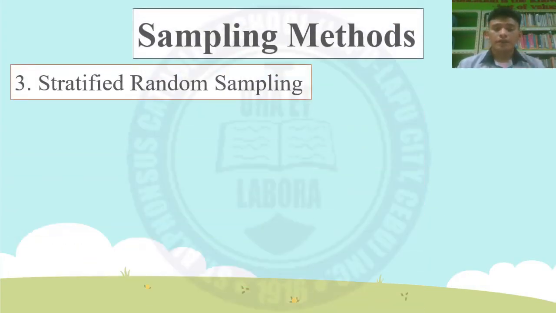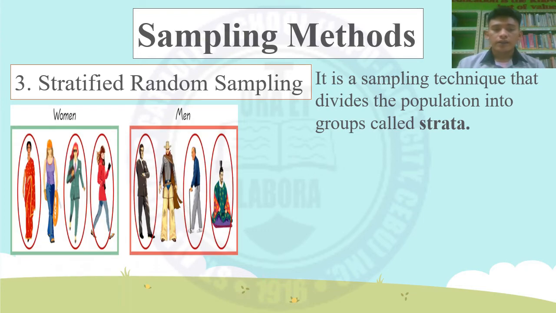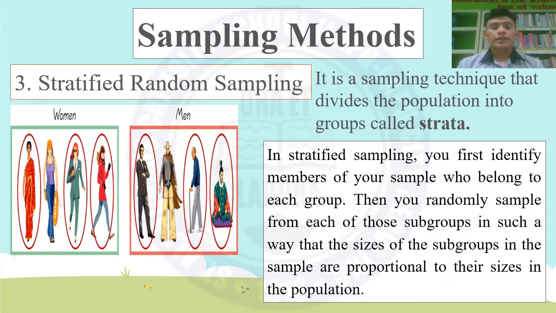Number 3, stratified random sampling. Stratified random sampling is a sampling technique that divides the population into groups called strata. As you can see in the picture, in stratified random sampling, you first identify members of your sample who belong to each group.